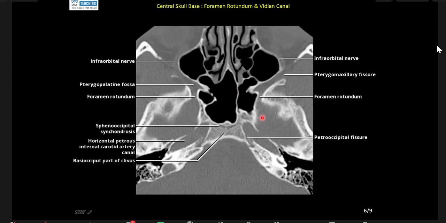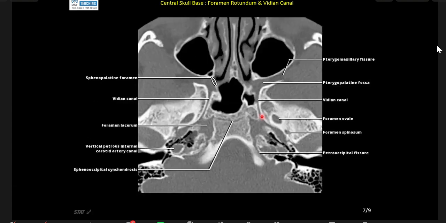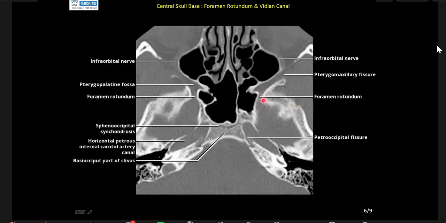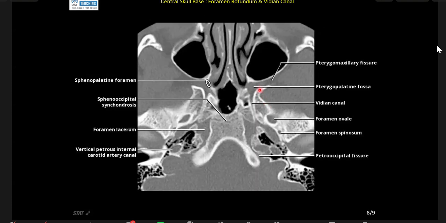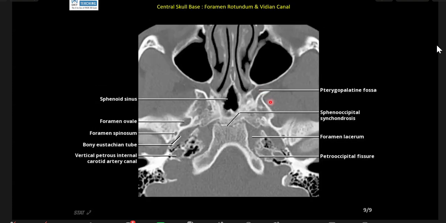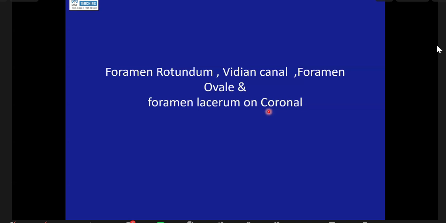We are going down inferiorly. And as we reach the base of the sphenoid sinus, we can see this canal. And this canal is the Vidian canal. So the Vidian canal will be inferior to the sinus, and foramen rotundum will be lateral to it. This is a key point to differentiate. And you can see the pterygopalatine fossa once again anterior to that. So this is the pterygopalatine fossa.